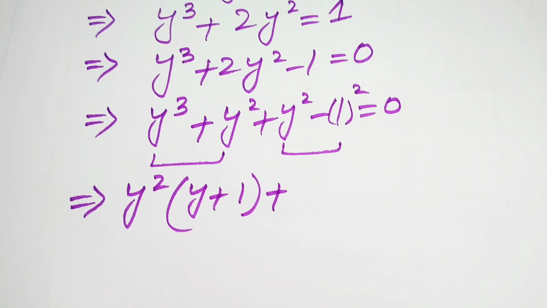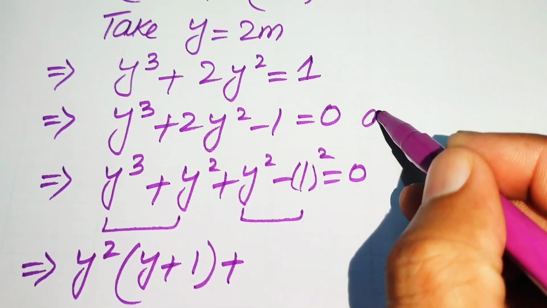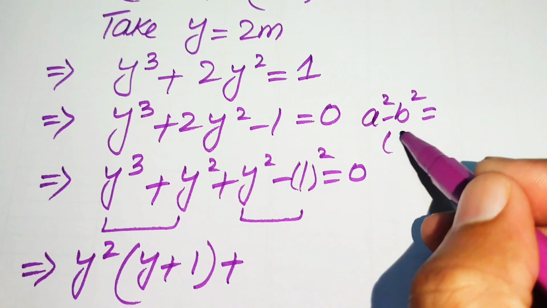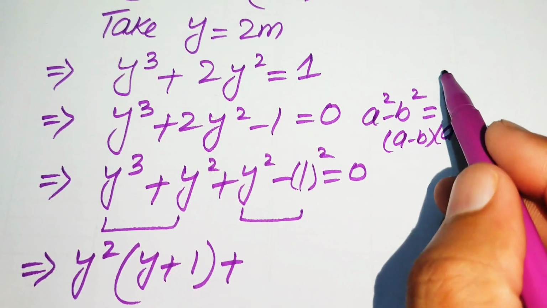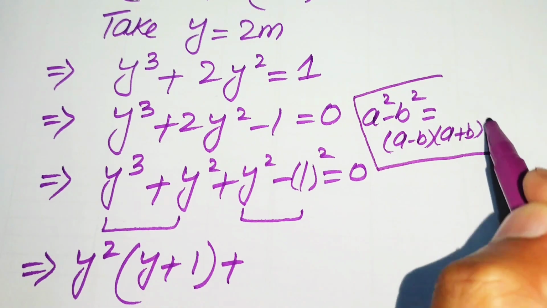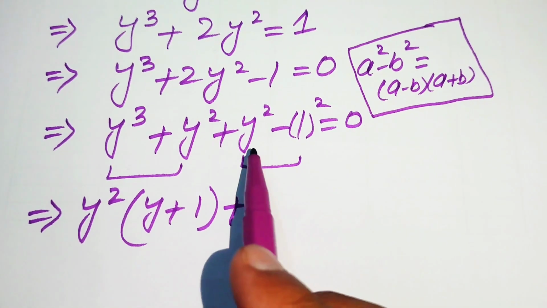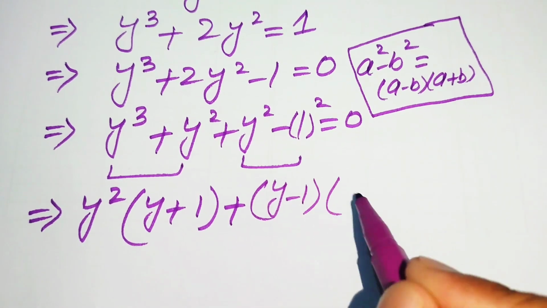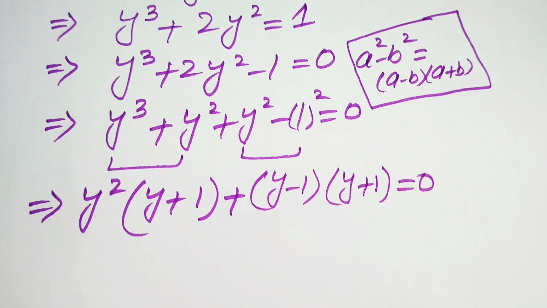After that we use the square identity, a squared minus b squared, and we know that a squared minus b squared is equal to (a minus b) times (a plus b). After applying this identity we write these terms as (y minus 1) times (y plus 1) equals 0.